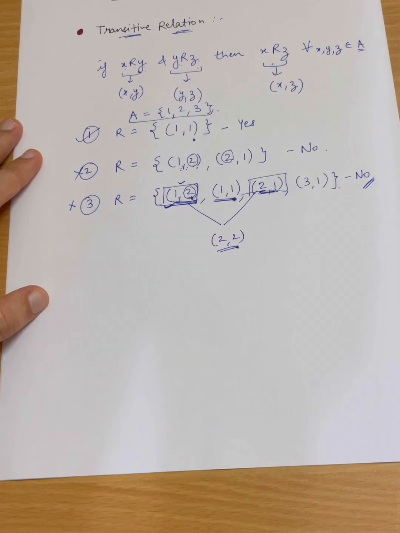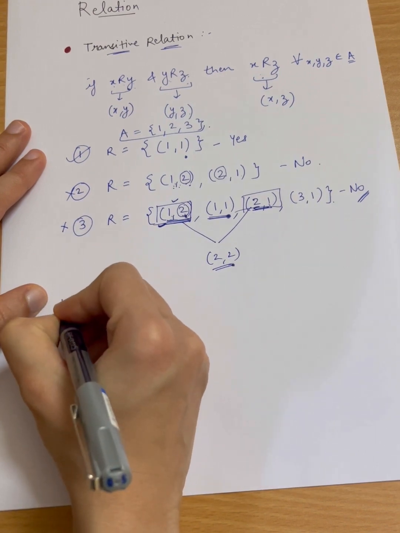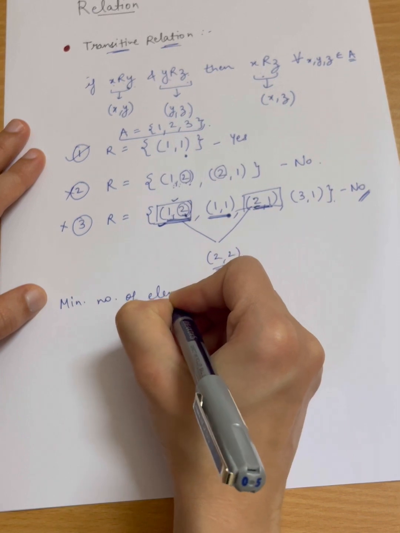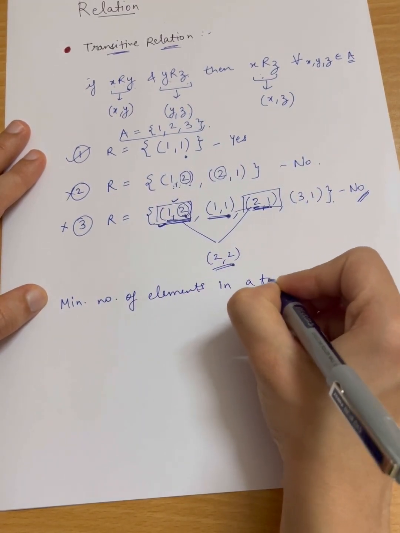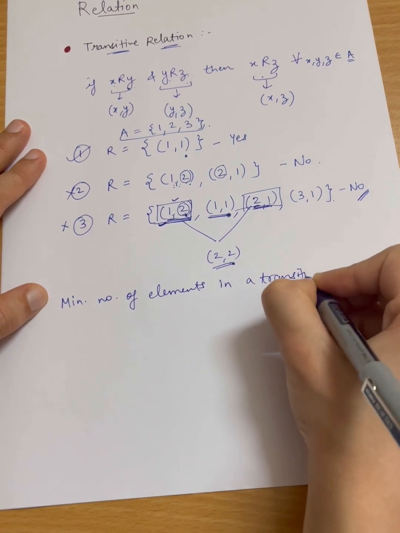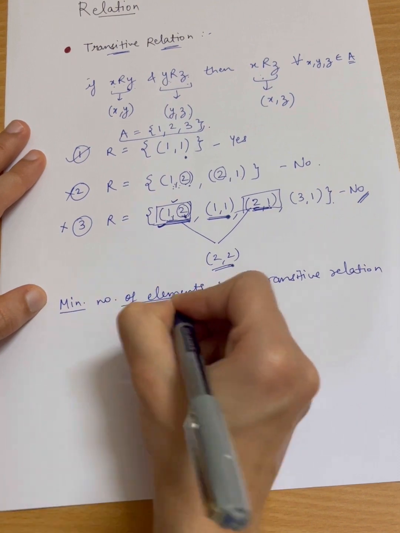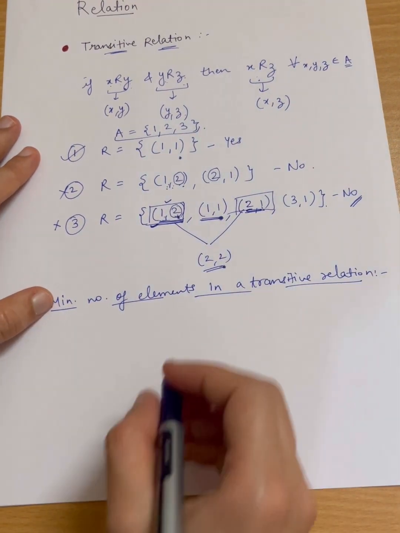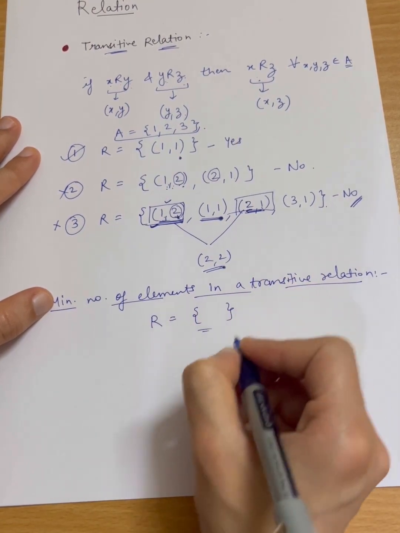Now the two similar questions which we have already discussed in previous videos. First is the minimum number of elements in a transitive relation, in other words the smallest transitive relation. Same funda: the smallest transitive relation is the null set.